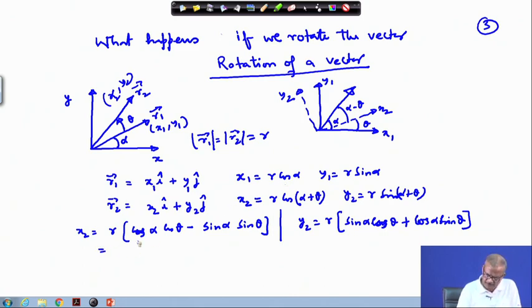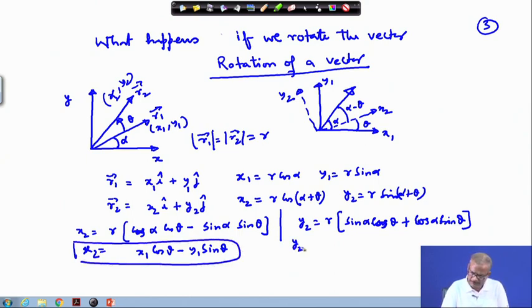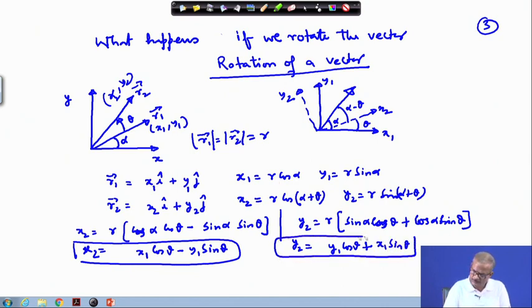Now, replace with the corresponding values: r cos alpha is x1, so x1 cos theta minus r sin alpha, which is y1, so y1 sin theta. This becomes your x2, and y2 then results in r sin alpha, which is y1 cos theta, plus r cos alpha, which is x1 sin theta. So this is your x2 and y2 in terms of x1 and y1.